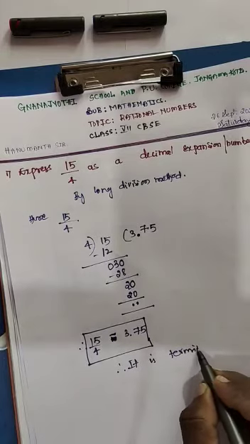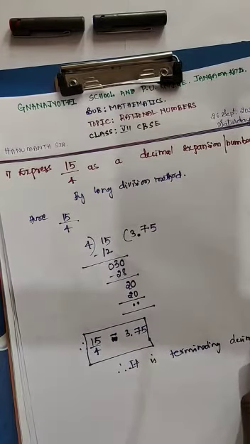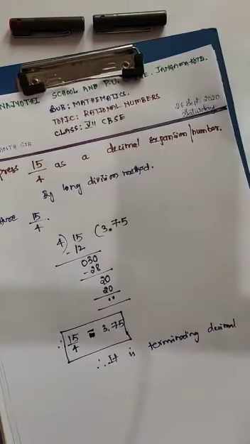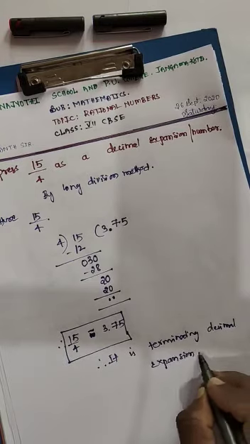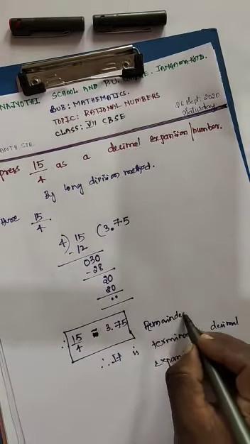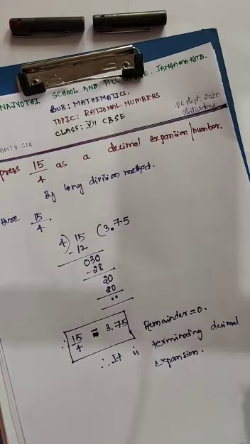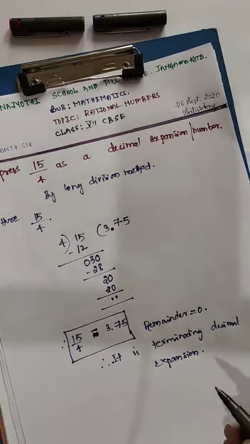Okay, therefore it is a terminating decimal expansion, because the remainder is equal to 0. Hence the given rational number has a terminating decimal expansion.